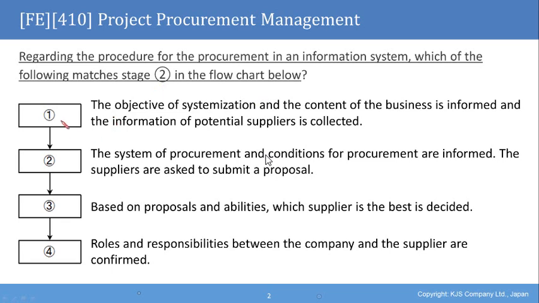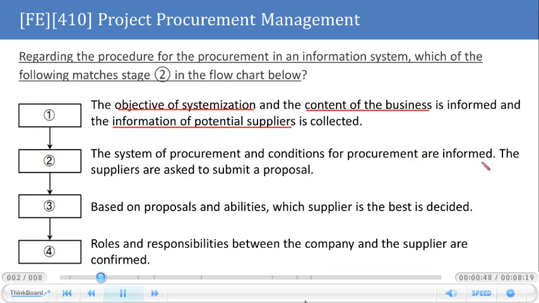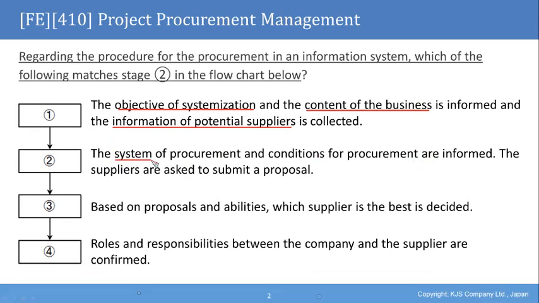So firstly, in step 1 we have the objective of systemization and the content of the business is informed, and the information of potential suppliers is also collected. The second stage, the system of procurement and the conditions for procurement are informed. So we have the system and the conditions for procurement.